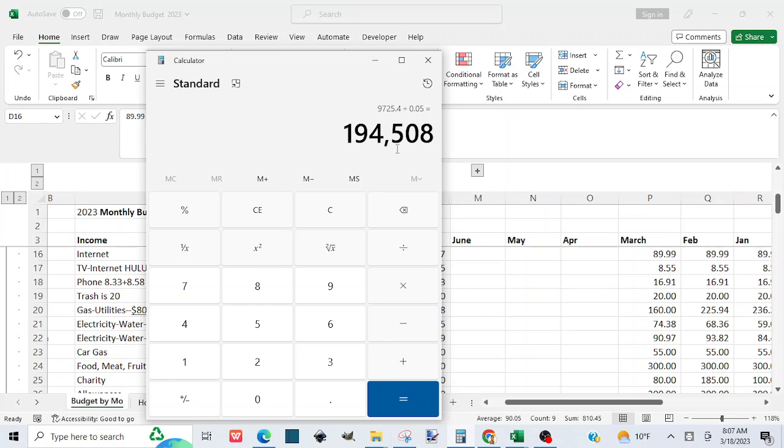So maybe 3% might be too low for you, or might be okay with you, or you might include them, but not all of them will be. So let's go back again with 9,725.40, and let's say you have companies that pay you 7%.